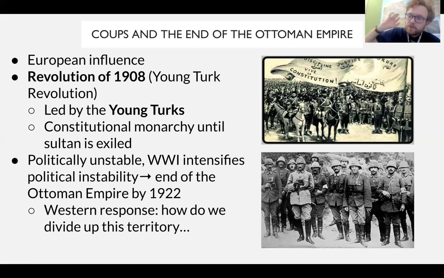And they are going to lead the Ottoman Empire into a series of ill-fated alliances, which will lead to Ottoman involvement in World War I. But it turns out World War I is the final straw on the camel's back, no pun intended. World War I will disrupt the unity of the Ottoman Empire, open it to European invasion, and thus it will lead to the end of the Ottoman Empire by the 1920s.